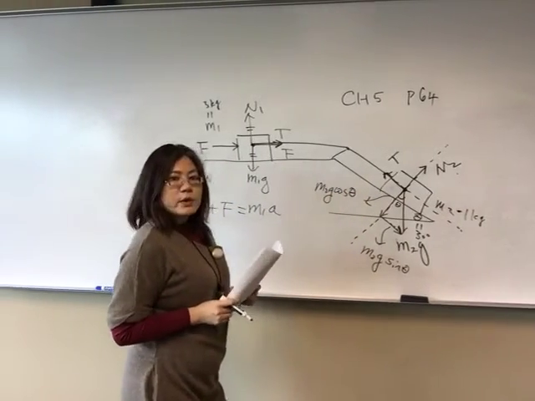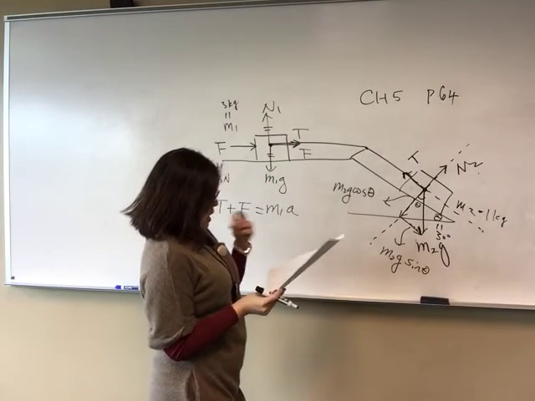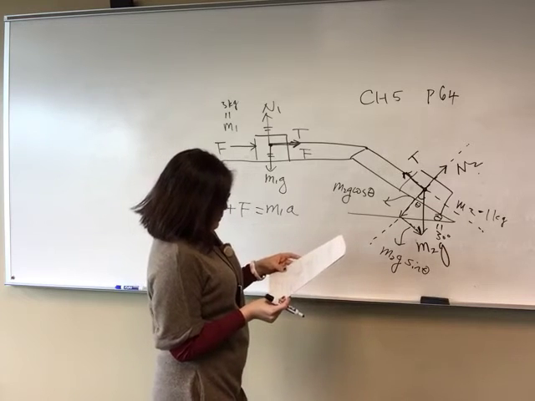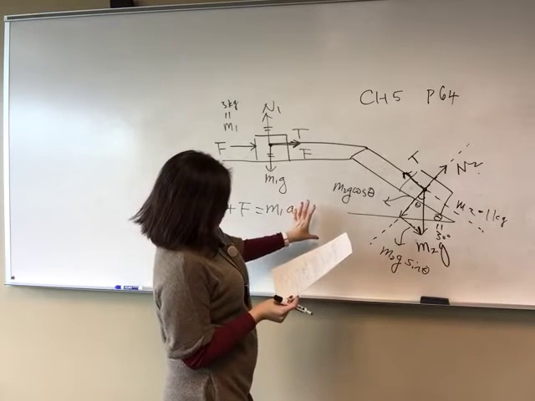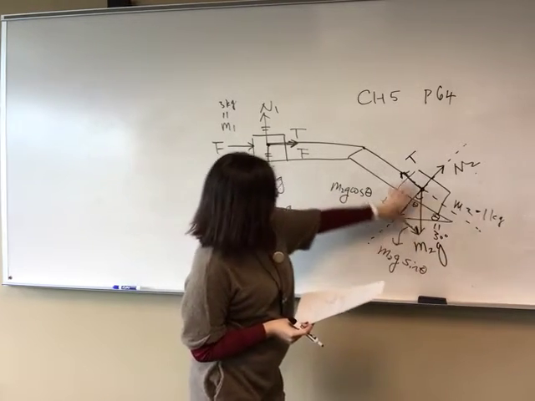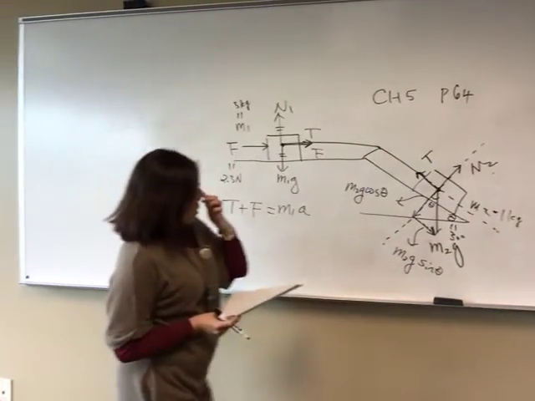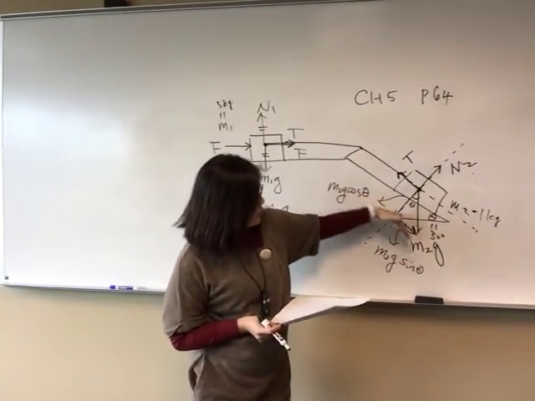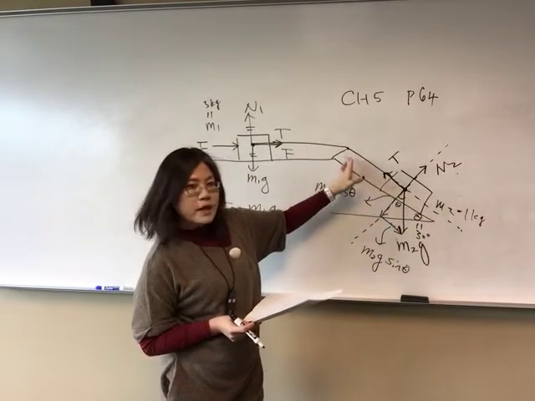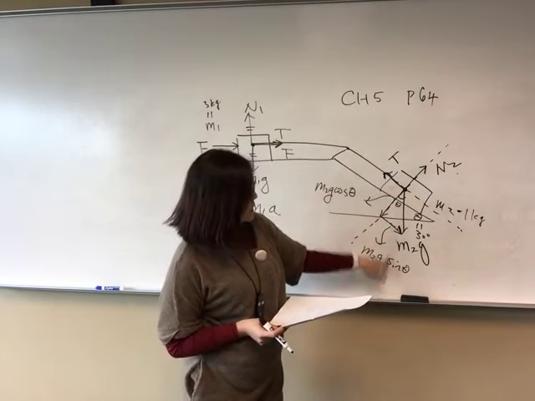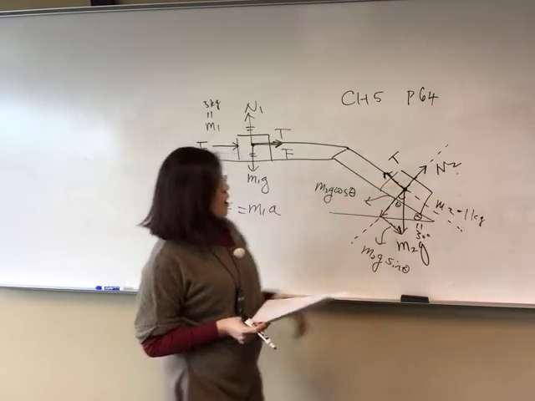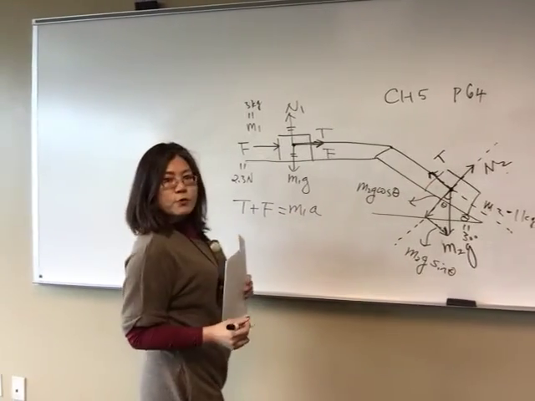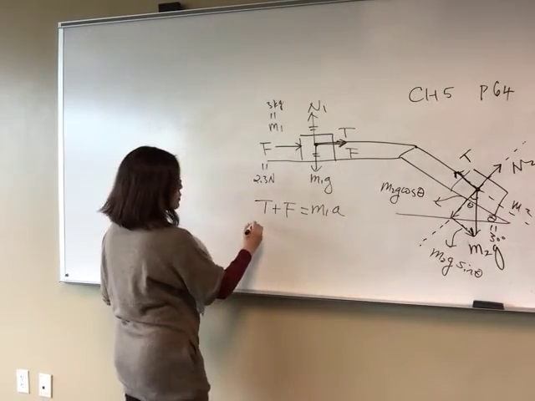Okay, so how do we utilize the information in order to figure out the tension? So you can see that this is rightward and the tension is leftward. So you should use this minus the tension, so that will be the net force in the horizontal direction.